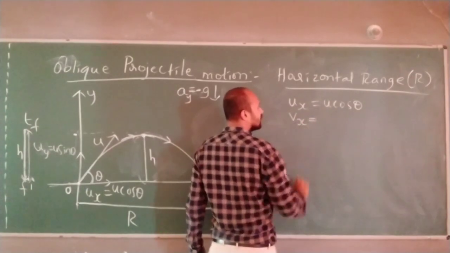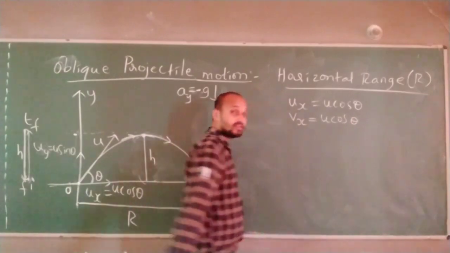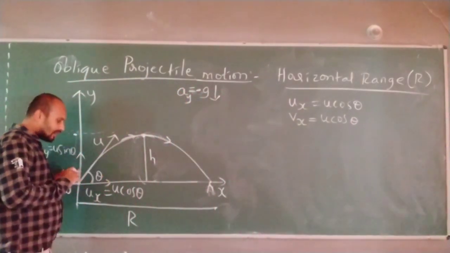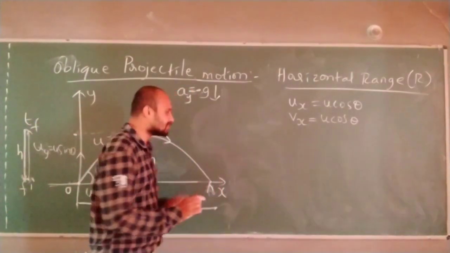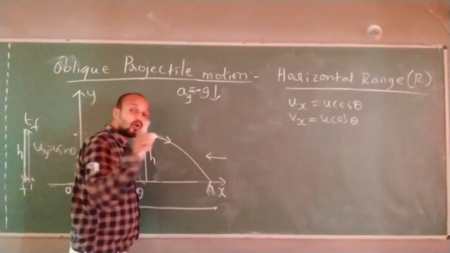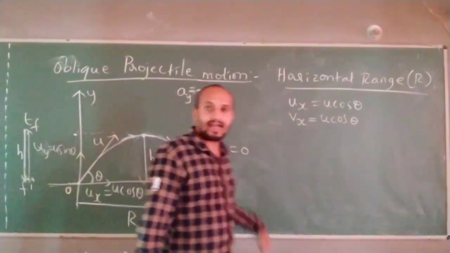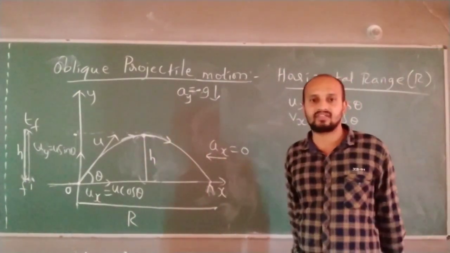Again it is u cos theta only. Why? As the object is moving like this, is there any acceleration acting along the x-axis? There is no acceleration acting.